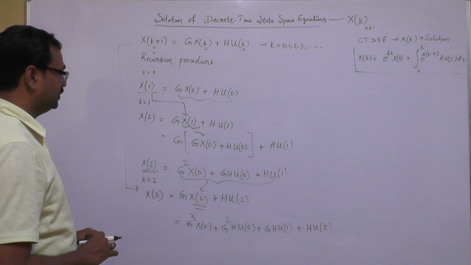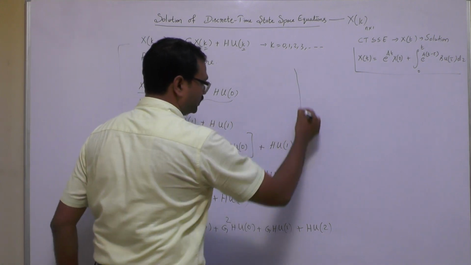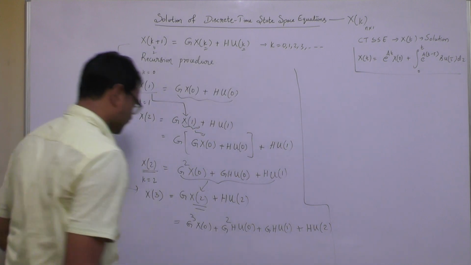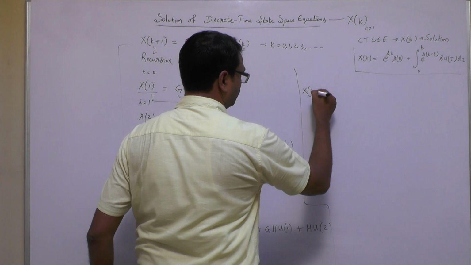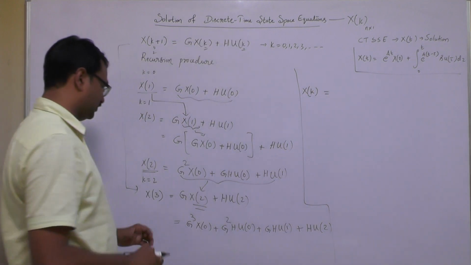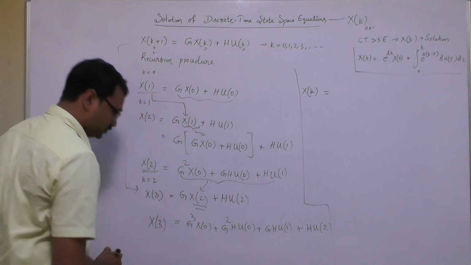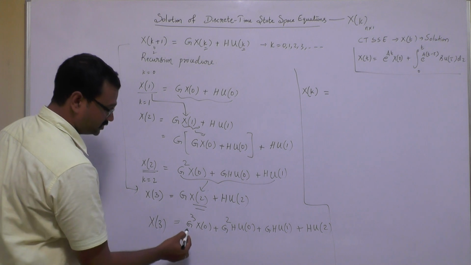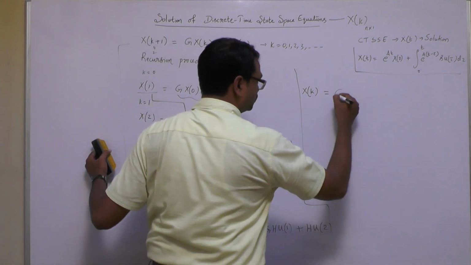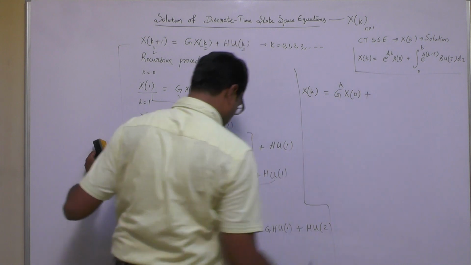So similarly, when you go for x(k), you can attribute an analogous term. Following this, x(3) is equal to G^3 x(0) plus G^2 H u(0) plus G H u(1) plus G^0 H u(2). So x(k) is equal to G^k x(0) plus G^(k-1) H u(0), G^(k-2) H u(1), and so on.